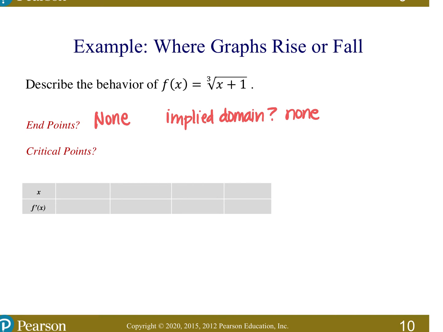And so I'll have f prime. Okay, just to save us time, I've already done the derivative. So our derivative turns out to be 1 over 3 parentheses x plus 1 to the 2/3. I'm going to take that and do my two things to it. I set it equal to 0 over 1.